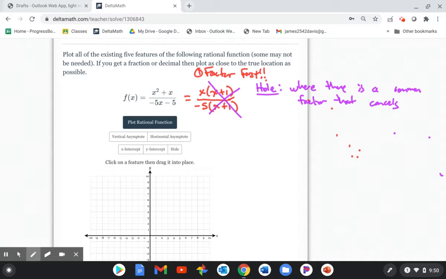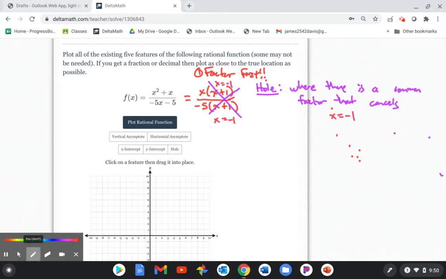So that hole occurs at x plus 1, which in other words, if you solve it, you would get x equals -1. So we have a hole at x equals -1. I'm going to go ahead and identify that. Now, one thing that we do have to do is get the y-coordinate of that hole.